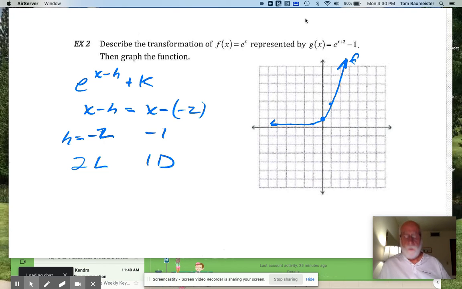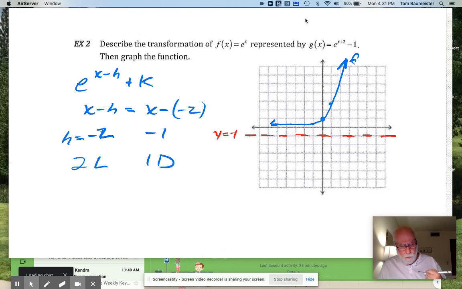First of all, I should probably tell you this. Where's our new asymptote going to be? Our new asymptote is going to be here, right? Because it's 1 down. So this is our y is equal to negative 1. That's our new asymptote.